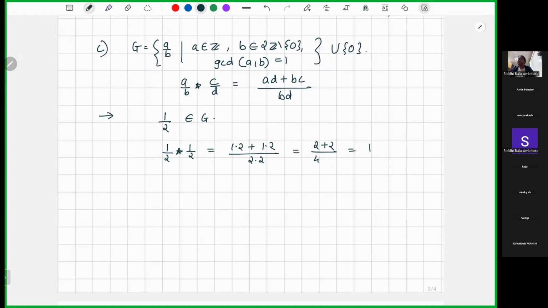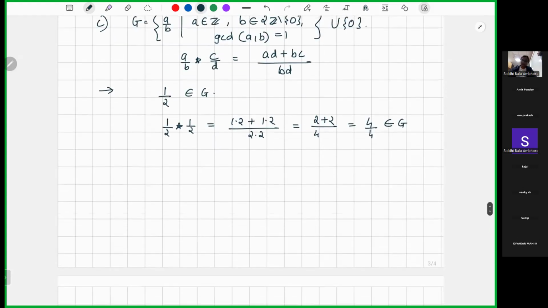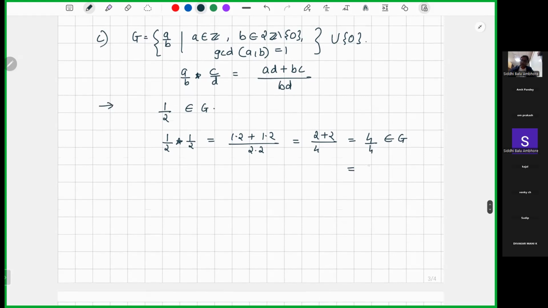And this is not there in this G because if I try this as 4 by 4 to have the denominator to be an even integer, so B I want to be from 2Z minus 0. If I reduce this to 2 by 2, then this 2 is in 2Z minus 0.